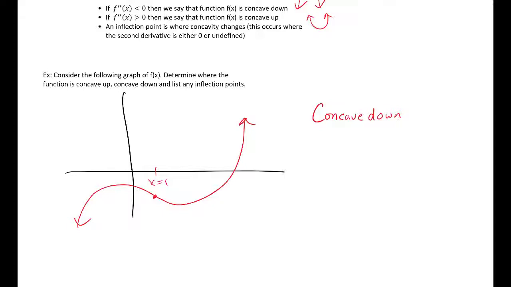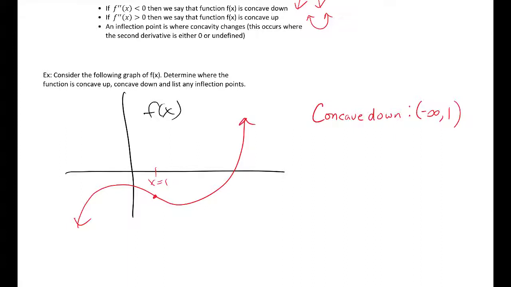All right. So the question becomes, for what values of x are we concave down? Well, we are concave down for x values approaching negative infinity until we get close to an x value of 1. So to be clear here, this is a graph of f of x, and f of x is concave down from negative infinity to 1.